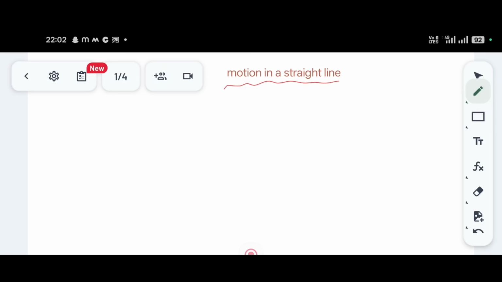So let us begin. So here, motion in straight line. The motion in straight line comes under the subject called mechanics. Mechanics is divided into two parts, that is statics and dynamics.